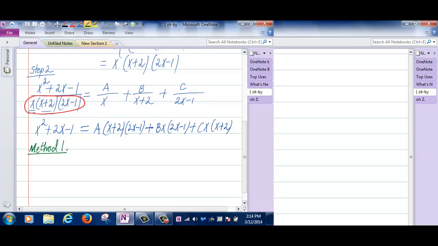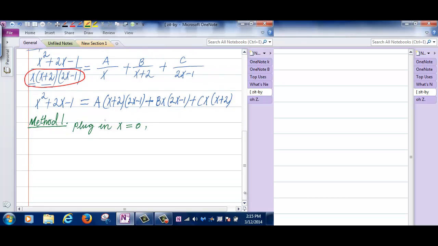For example, let's say I want to solve for a. What should I plug in for x? Yeah, because if I plug in 0 for x, then the second term and the third term will vanish, and then I'll just have the a term on the right. So as you suggested, x equals 0.